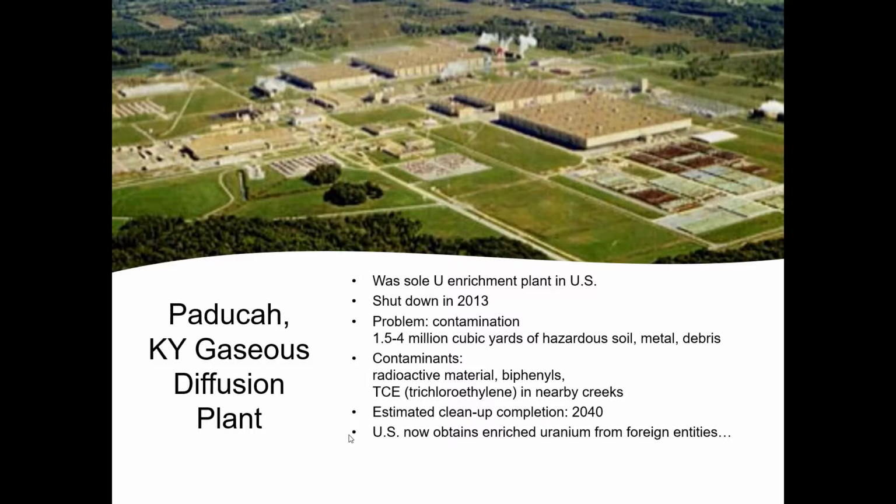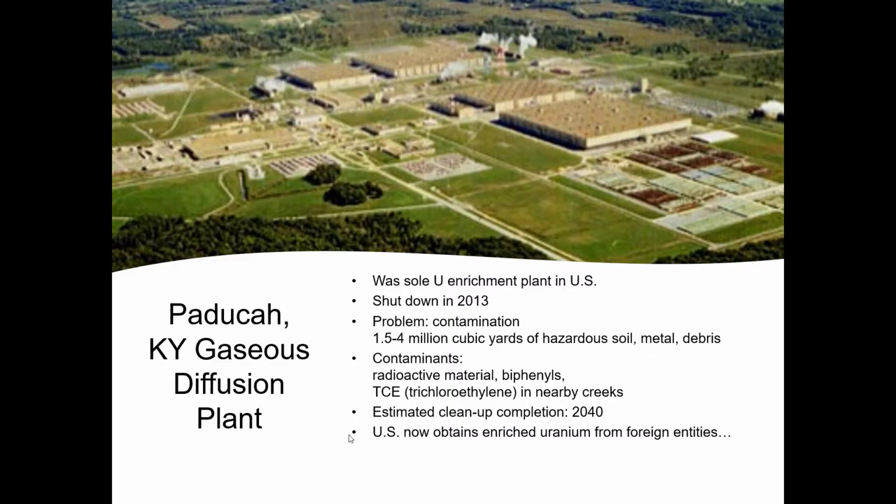Paducah's gaseous diffusion plant was contaminating 1.5 to 4 million cubic yards of soil. All of the soil was contaminated with metal and debris. The contaminants were specifically that radioactive uranium, also byproducts of fission, which are also radioactive.